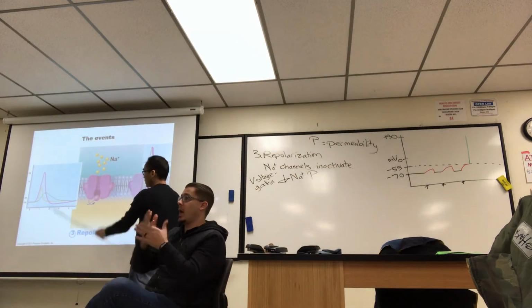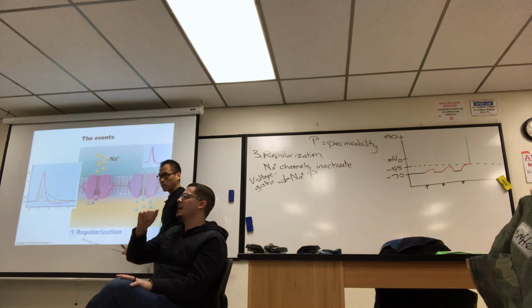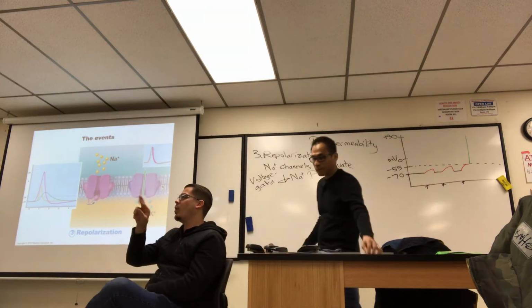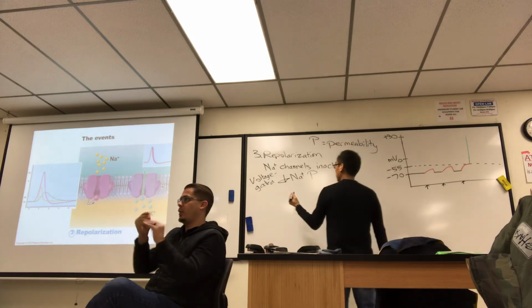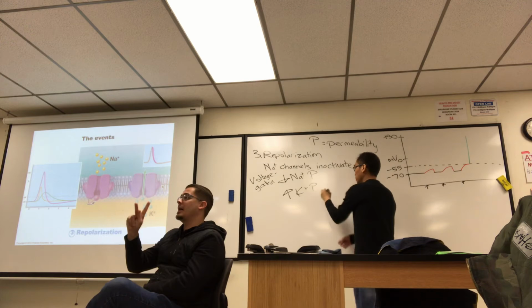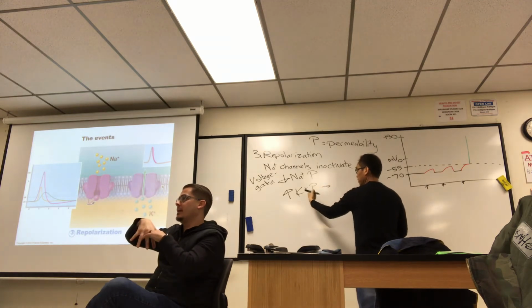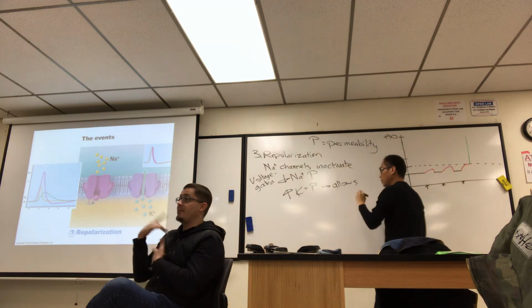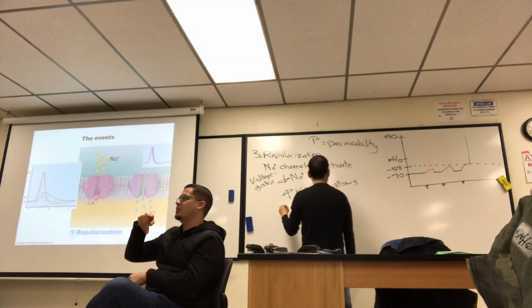That will allow potassium efflux, and it will allow the membrane potential to repolarize to what it was before. So increased potassium permeability. Okay, so it's this event that allows membrane potential to repolarize.